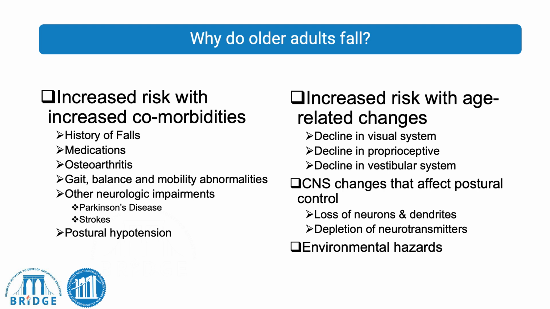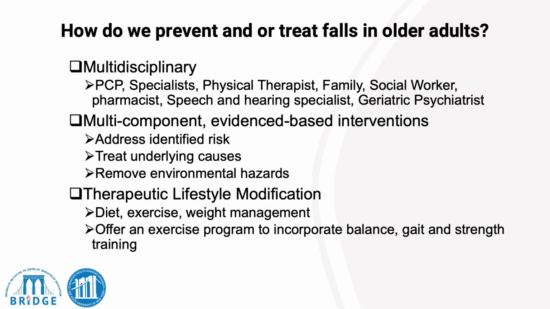Deficits related to Parkinson's and strokes and/or other neurologic problems can lead to falls. Postural hypotension can lead to falls. And fall risk is also increased with age-related changes, such as changes in the visual system or changes in the proprioceptive system or changes in the vestibular system. Those changes may lead to an increase in the risk of falls. And finally, environmental hazards may lead to falls.